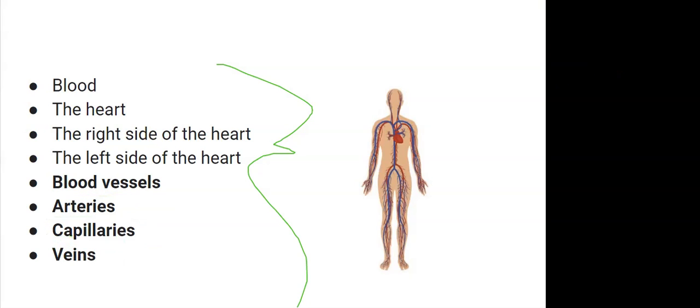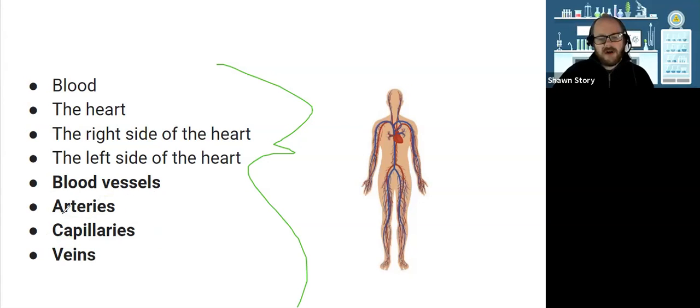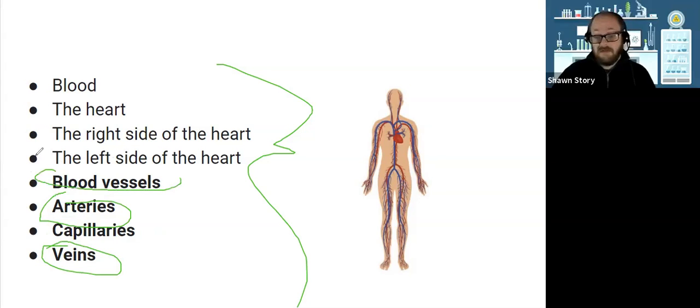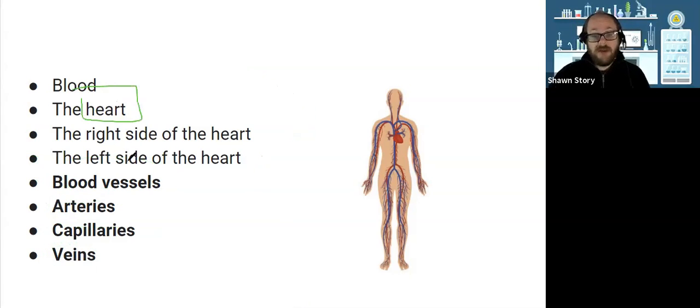What else we got? Do we know the difference between an artery and a vein? Or blood vessel? And what do we know about the different chambers of the heart?